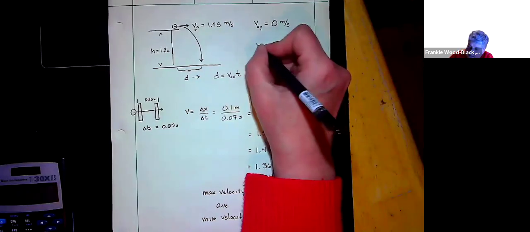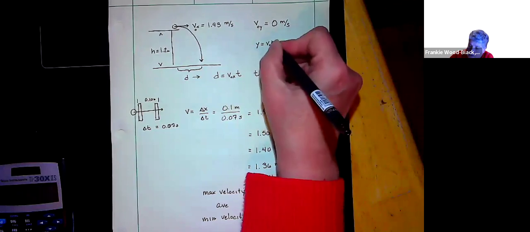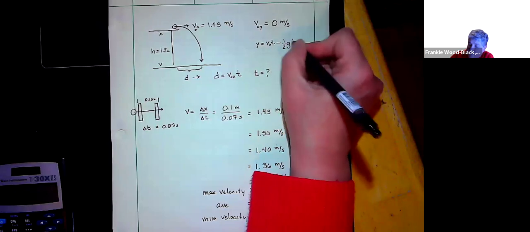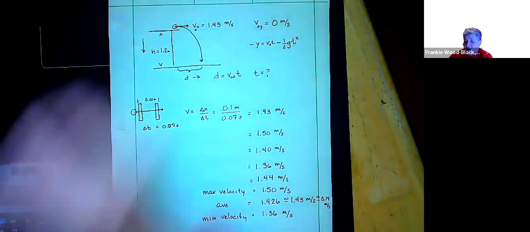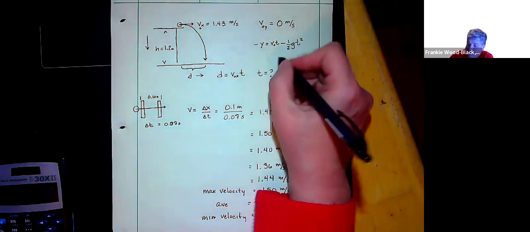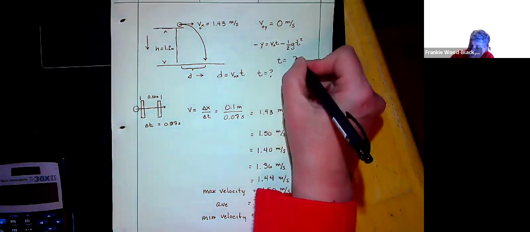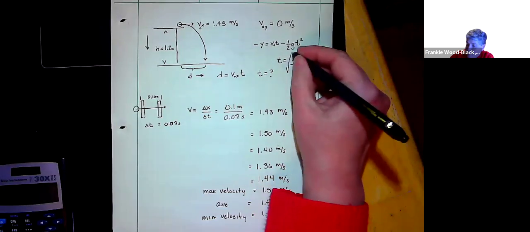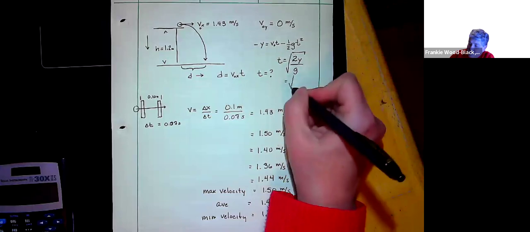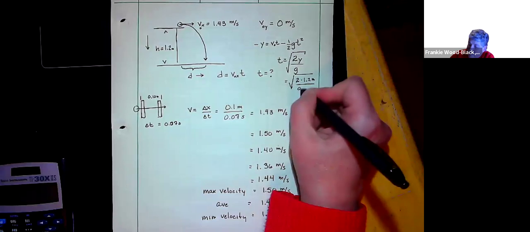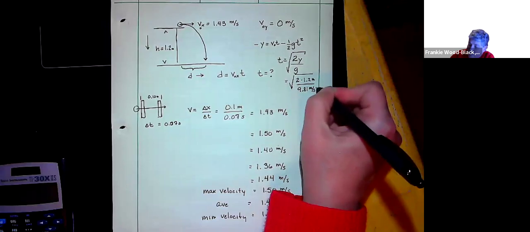So my Y is going to equal my initial velocity in the Y direction times time, minus 1/2 my acceleration due to gravity times time squared. That's going downward because we're using down as negative. Well, I know Y, I know G, I can solve for T. T is going to equal the square root of 2Y divided by G. So this is going to be 2 times 1.2 meters divided by 9.81 meters per second squared.